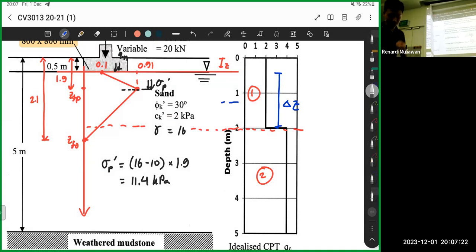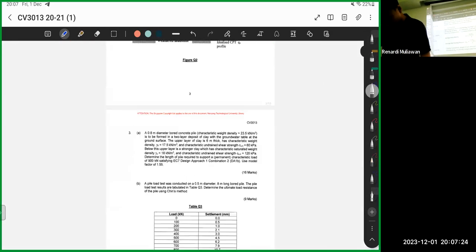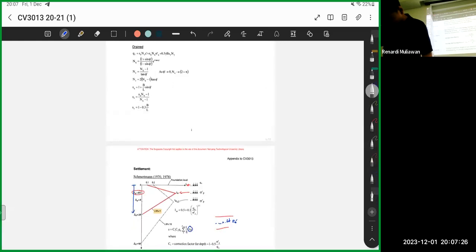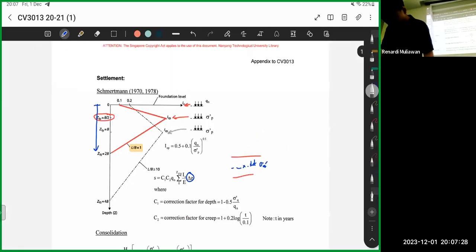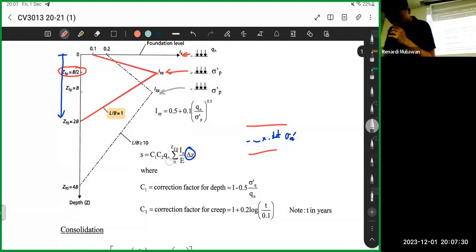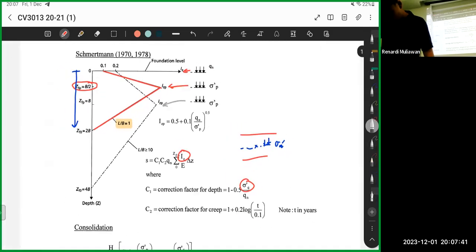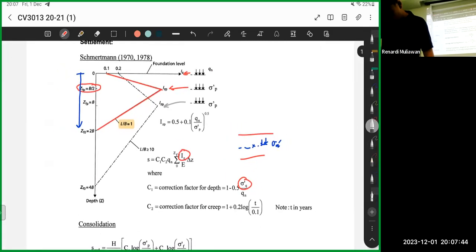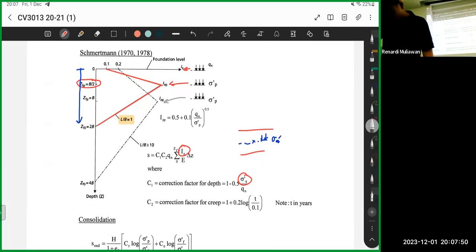So it only affects which one? Okay, Qn is constant. This one changes. Iz also changes. Okay, wait then.